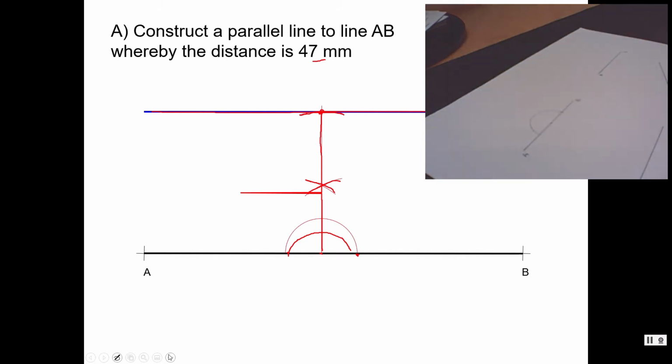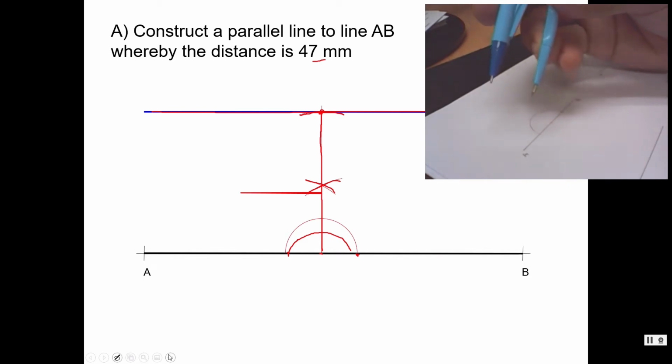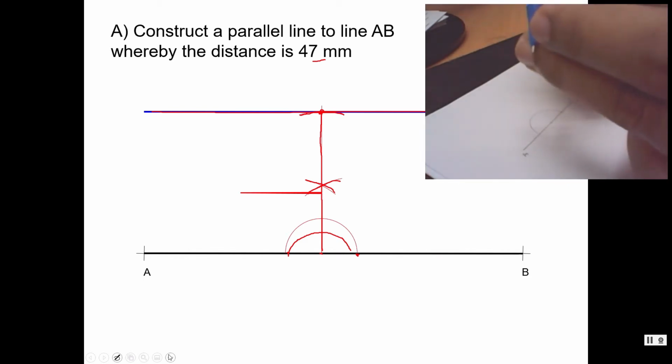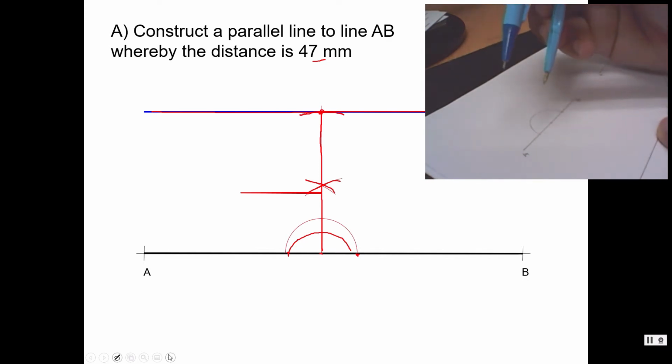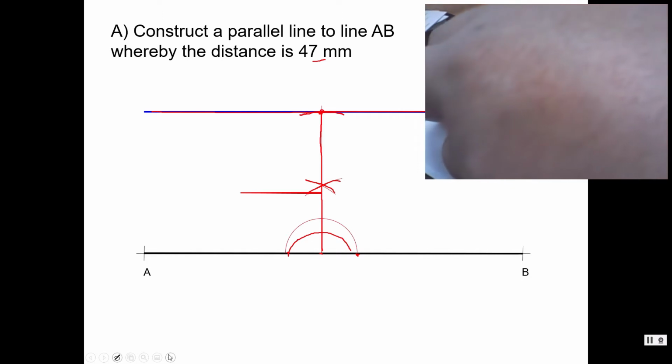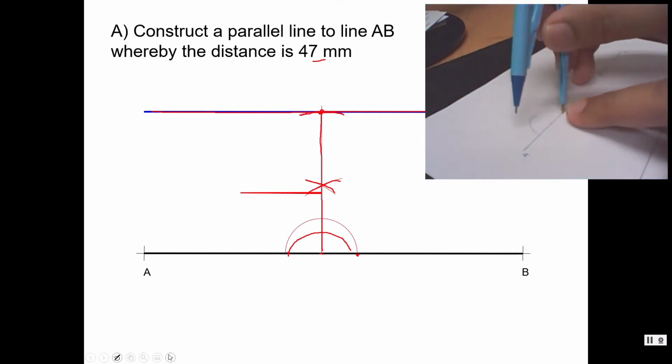Okay, so after we draw the half circle, it's up to you in terms of the distance of the compass, but make it consistent. So from this point, maybe I need to lengthen it a bit.